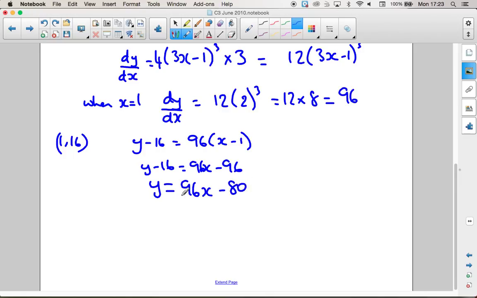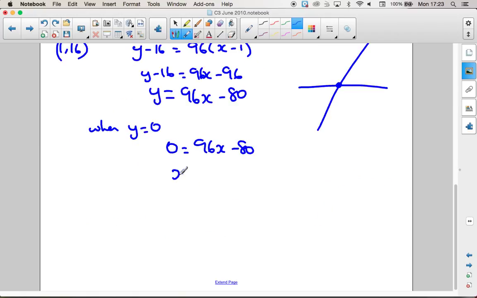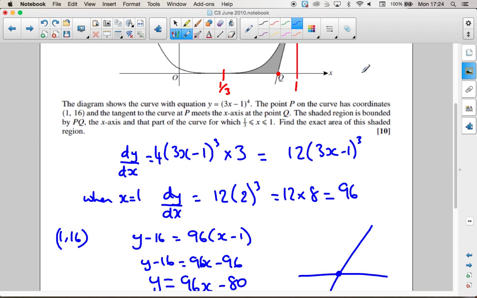So when does that line go through the x-axis? As I've already said, when y equals 0. So that's when x is 80 over 96, and 80 over 96 simplifies to 5/6. That's right, because we know it's between a third and 1, and it looks pretty accurate as well. So Q's coordinate is (5/6, 0).